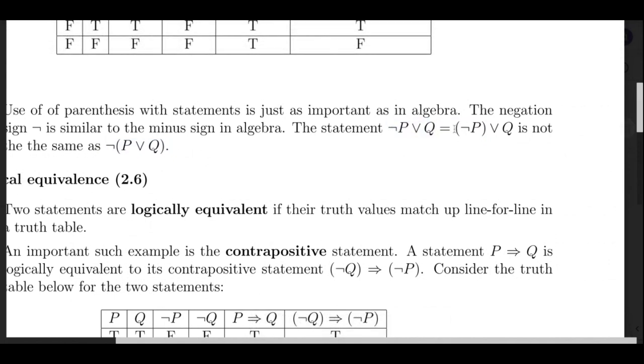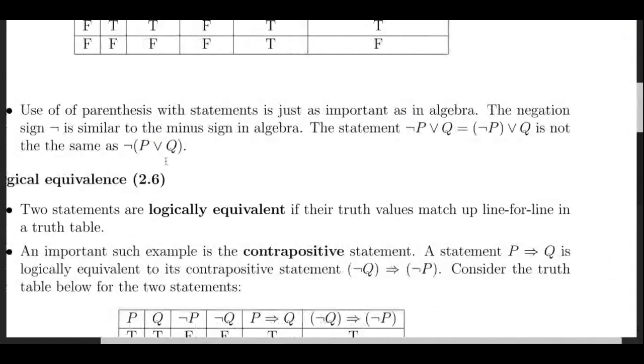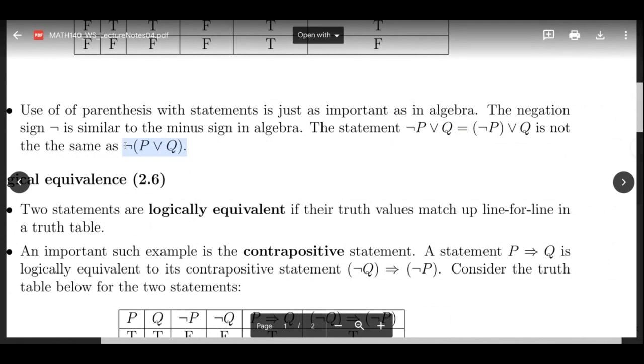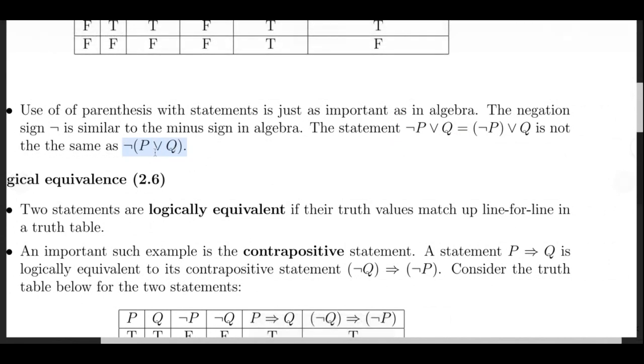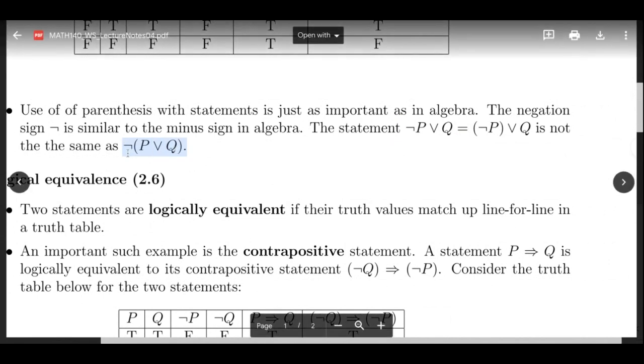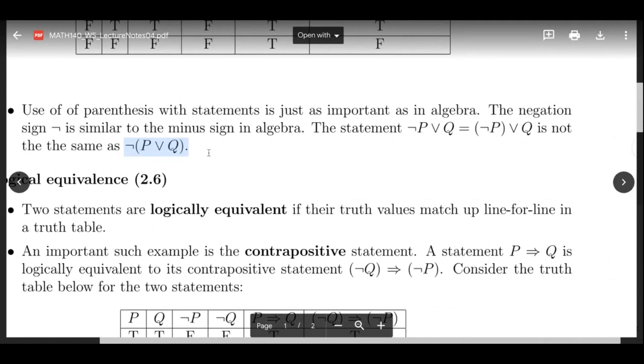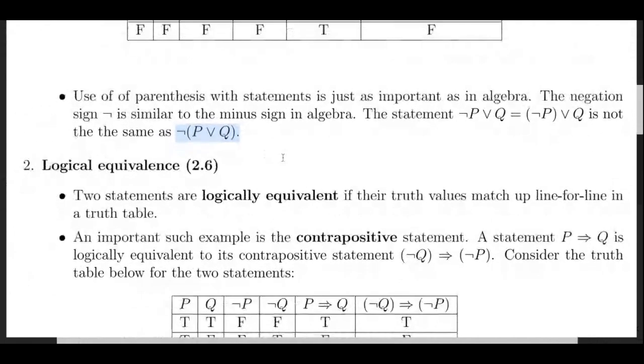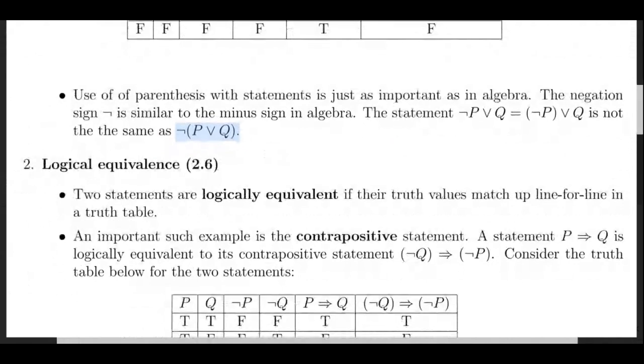So that means not P. So we will do not P first. Then we OR with Q. But when the parentheses are there, we need to do P or Q first, then negate. So this is also similar to algebra, right? Parentheses has a higher priority.